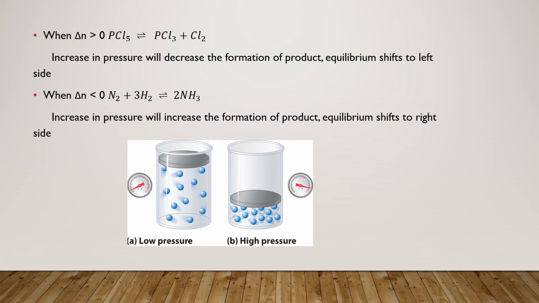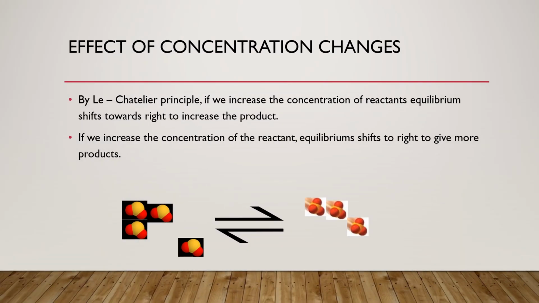Then what is the concentration effect on equilibrium? By Le Chatelier's principle, if we increase the concentration of the reactant, the equilibrium shifts towards the right to increase the product.